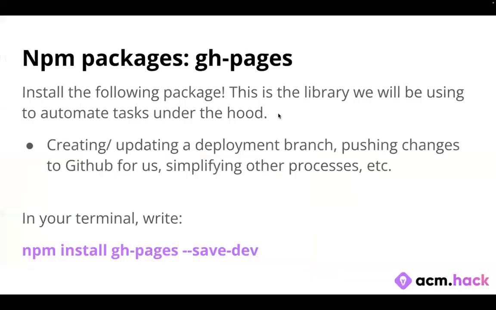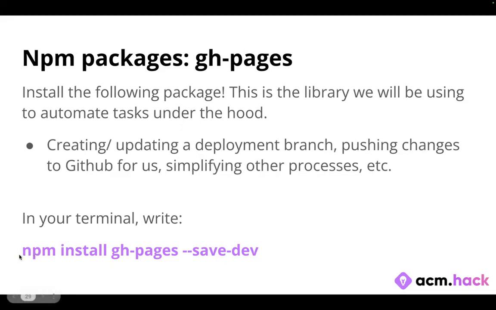Okay, the next thing we need to do is install the following npm package called GitHub Pages. This is the thing that a bunch of other people have spent a lot of time writing to automate tasks for us under the hood. It's going to create a deployment branch for us and push changes for us, it's very helpful, and we're just going to use it.